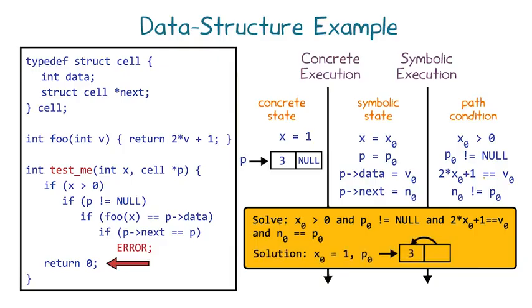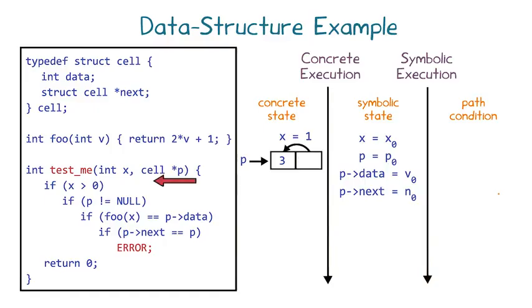In this case, it would just set p0.next to point to the same place as p0. Now, DSE takes one more stroll through the testMe function. Each of the branch conditions for these inputs evaluates to true.